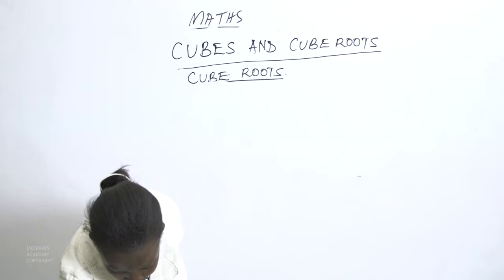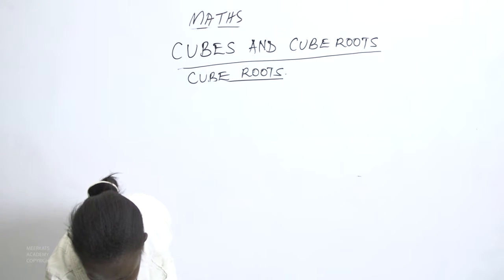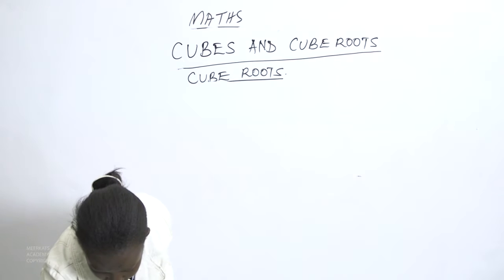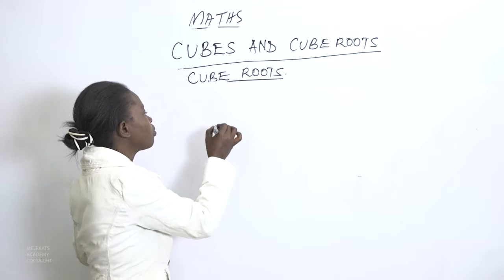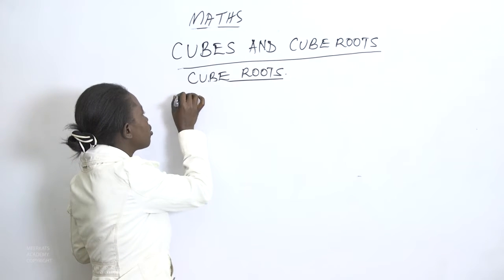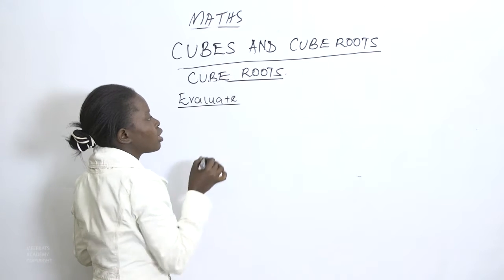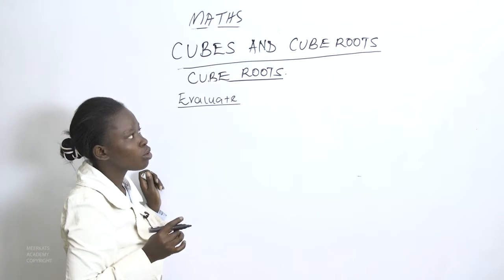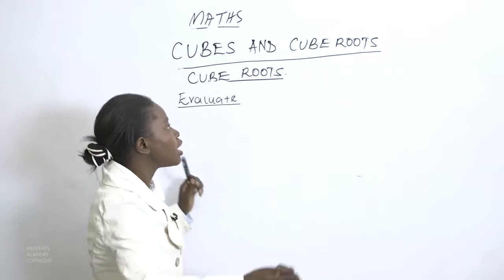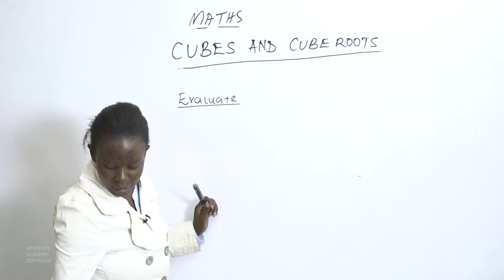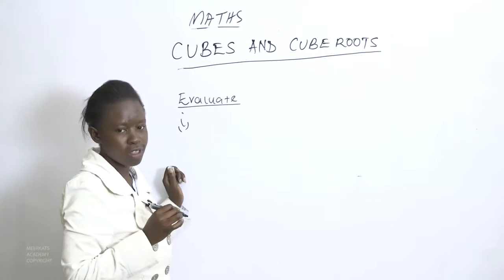An example could be, I'm having the following sums. So we are still evaluating the following. So I have this sum, and we are talking about cubes and cube roots. So having cubes and cube roots, let us try and work out sums involving the cubes and cube roots generally.